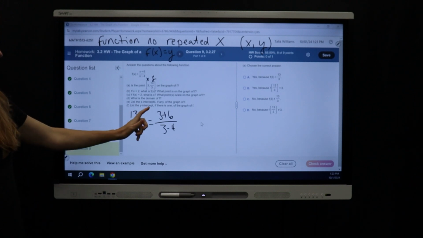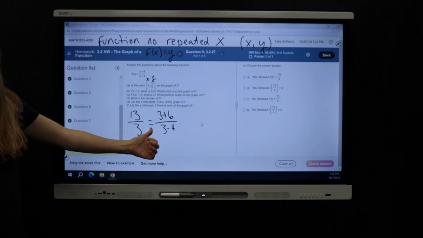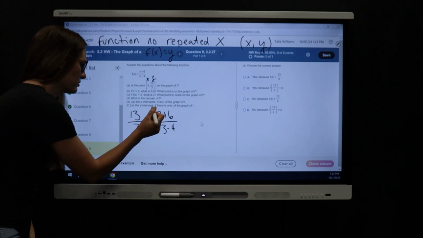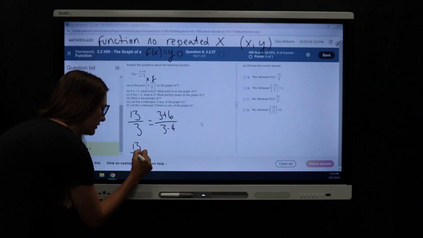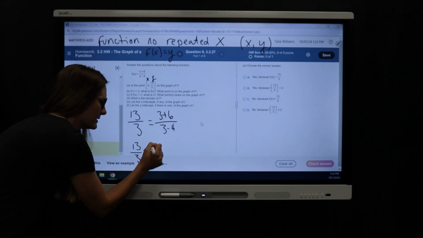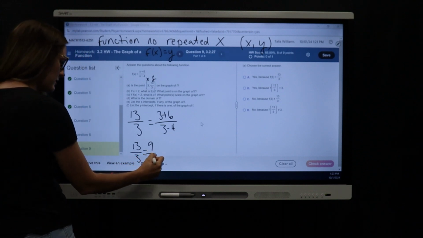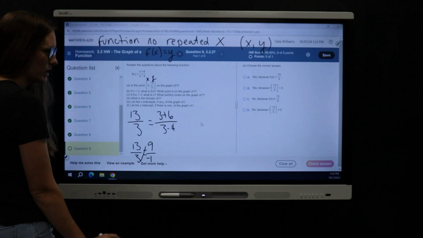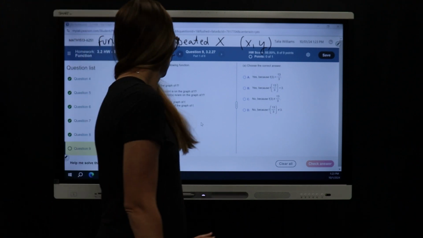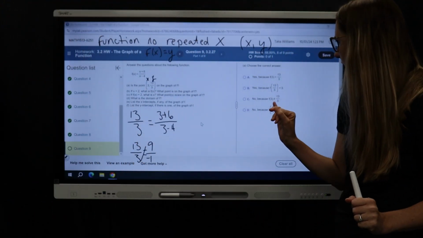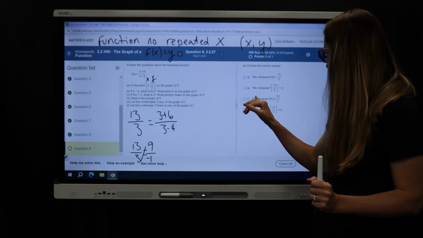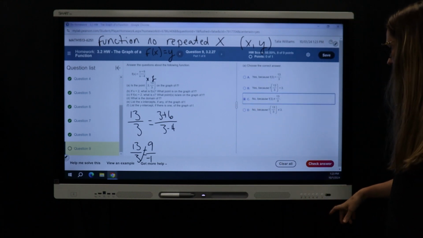You don't touch this side, simplify this side and see if it equals this side. So 13/3 equals 3 plus 6 is 9. 3 subtract 4 is -1. No. So my x value is 3, so no, because f of 3 does not equal 13/3.